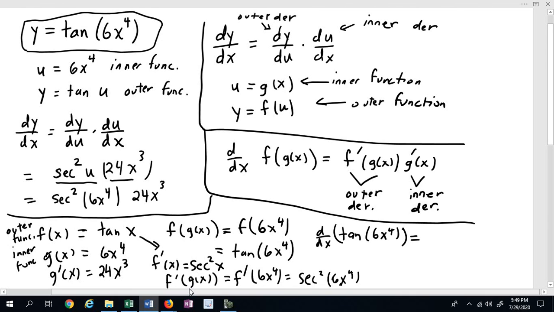And now just to finish this off, you take your outer derivative, which is secant squared of 6x to the fourth, and you multiply it by your inner derivative, which is 24x cubed, and you get the same answer as we got before.